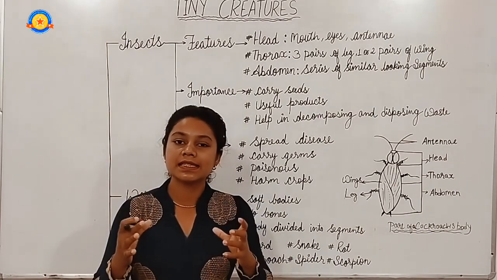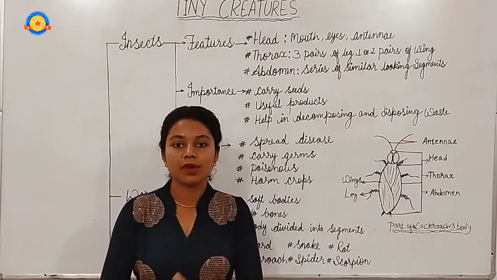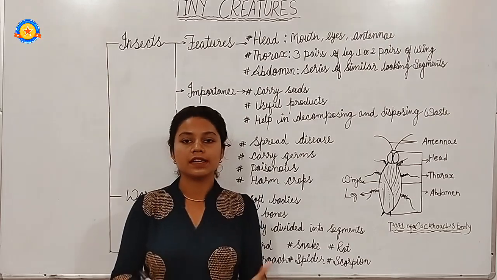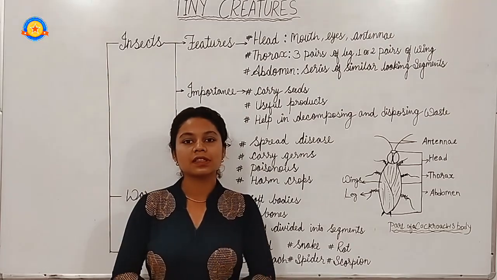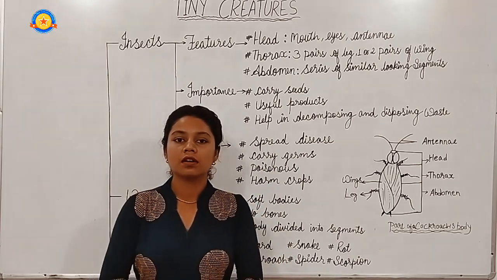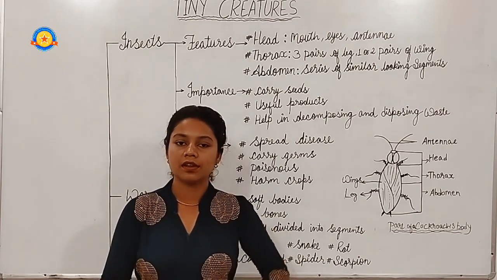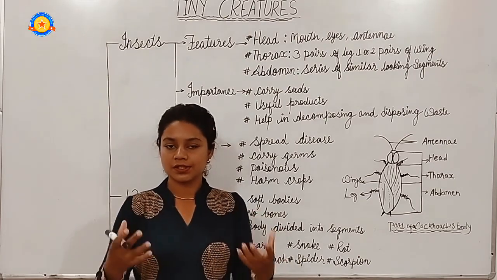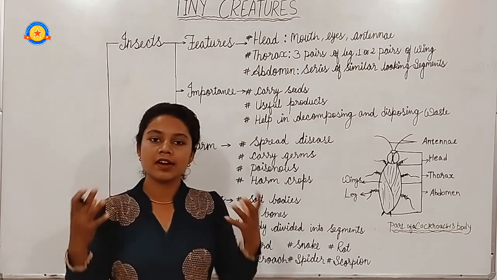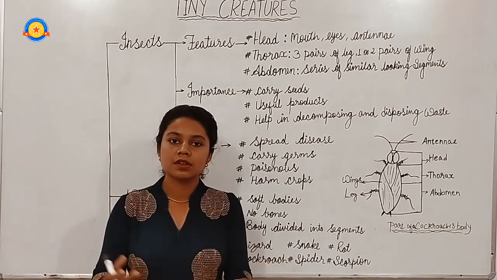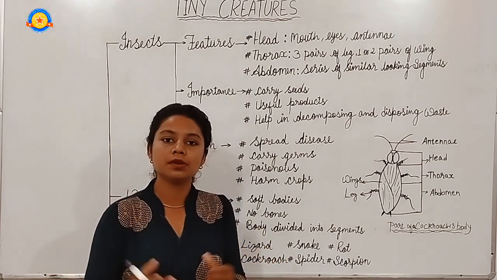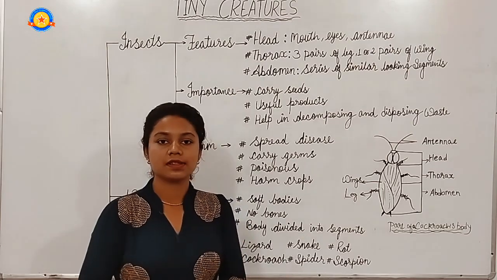See, they use this sticky thread to make the webs in our homes or in different places. So this spider also can cause harm if it is in danger. See, there are different spiders. So some spiders also cause poisons.